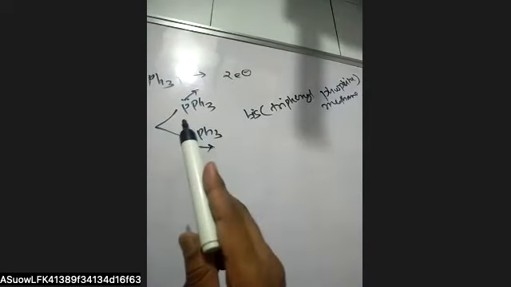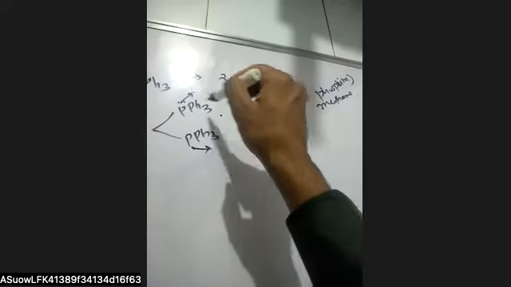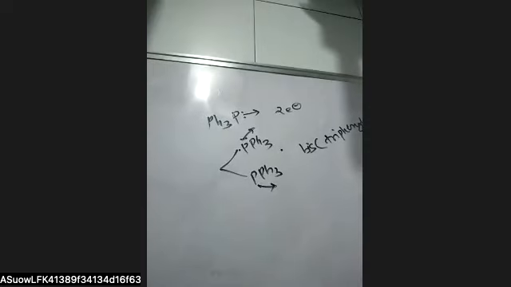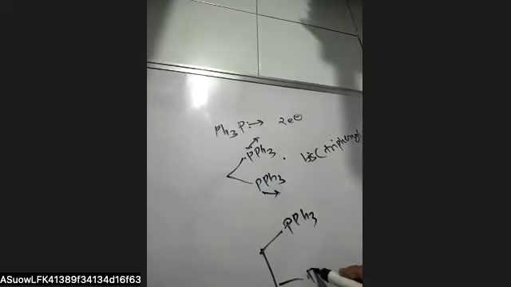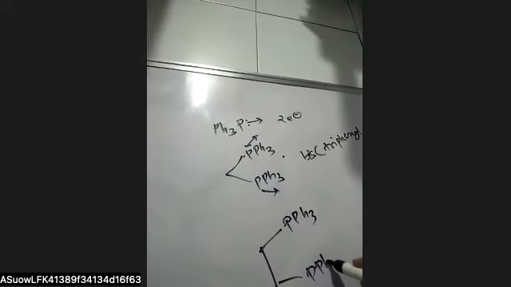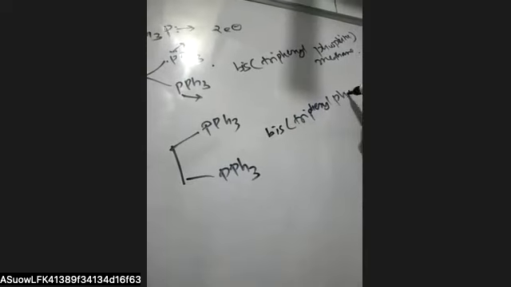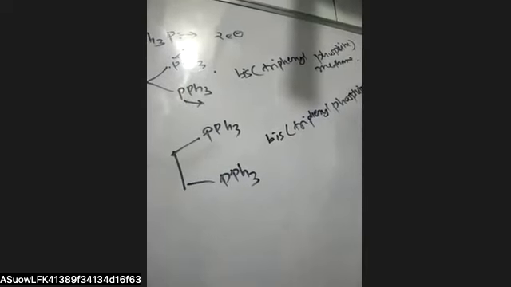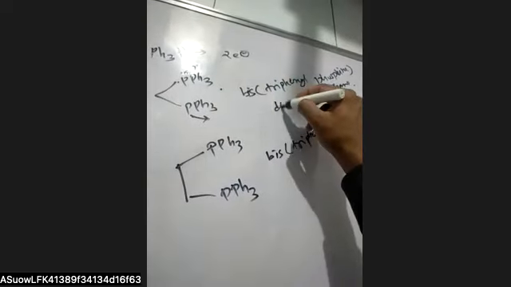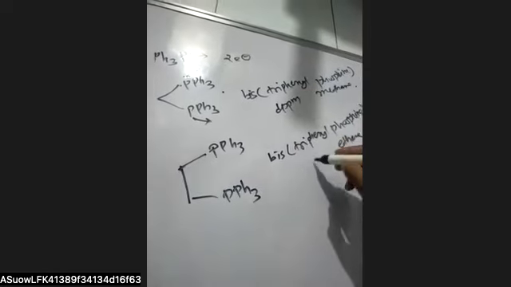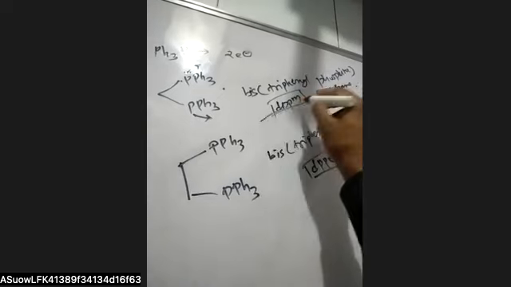And if you take the example of this ligand, which is bis(triphenylphosphine)ethane, here we call them DPPM and DPPE in the short form.